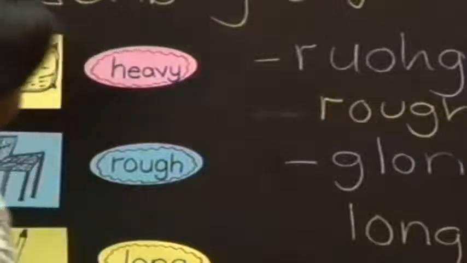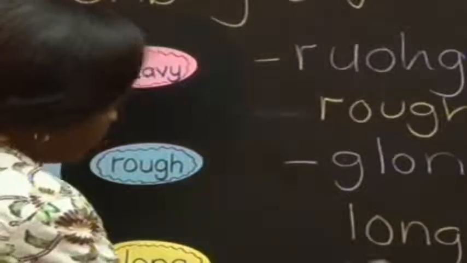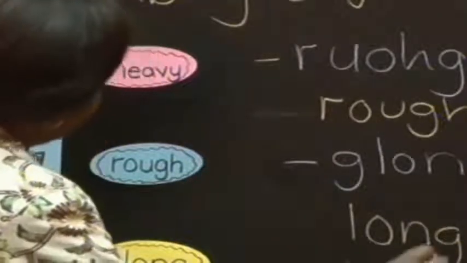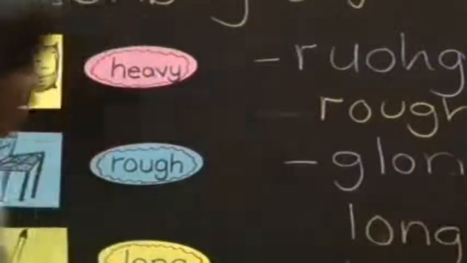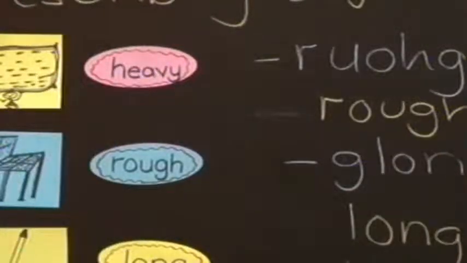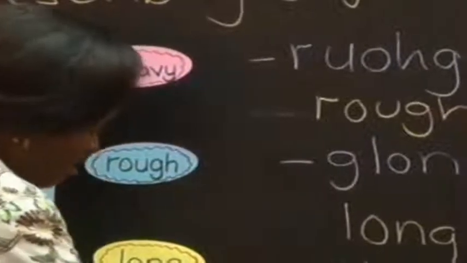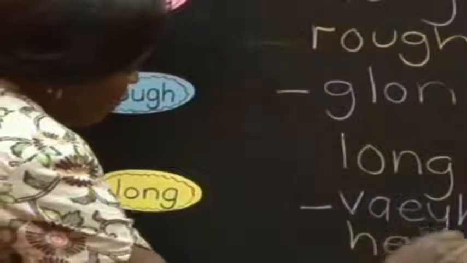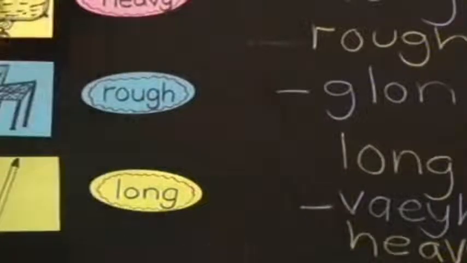Let's get another word. Which word is the teacher trying to spell? The teacher is trying to spell the word heavy, which begins with the letter H, E, A, V, and Y.